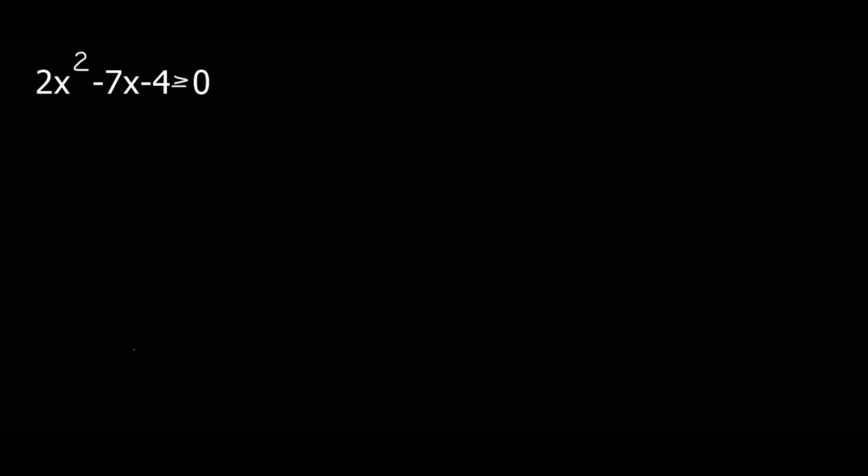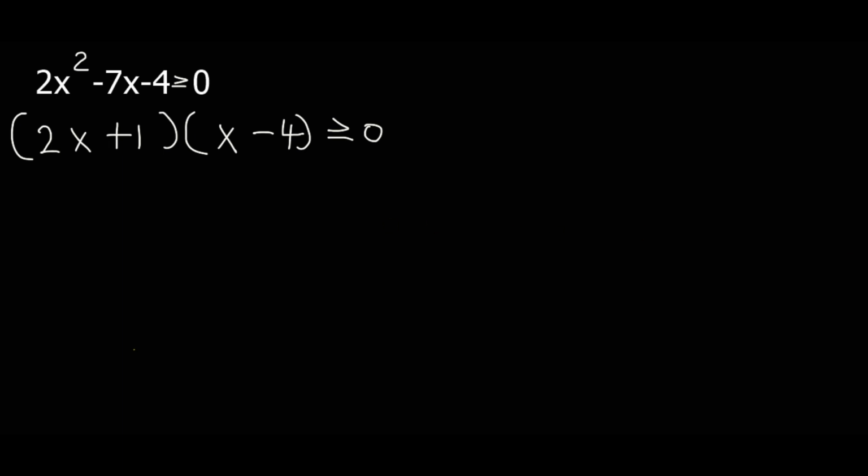So our first step will be to factorize. When we factorize this one, we will have 2x plus 1, and then x minus 4. Remember you can use the quadratic formula to find the factors.